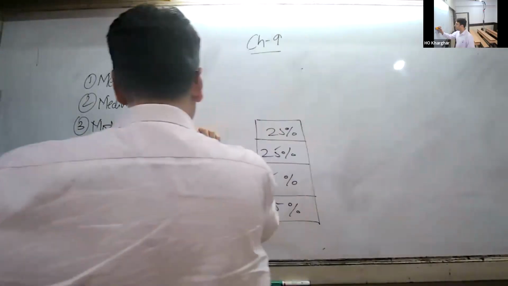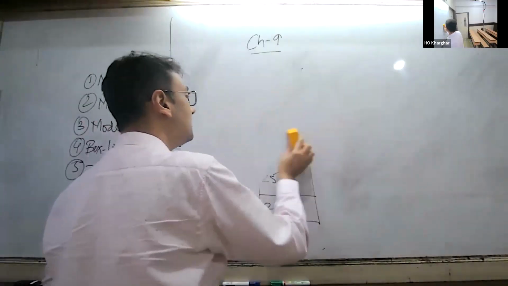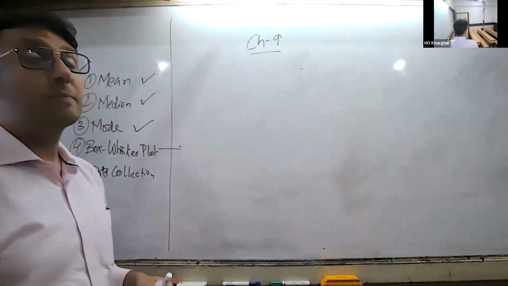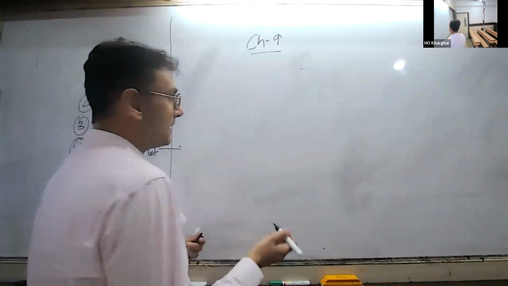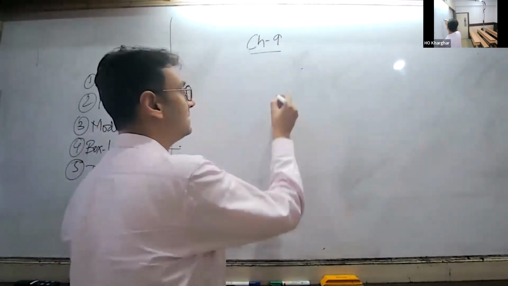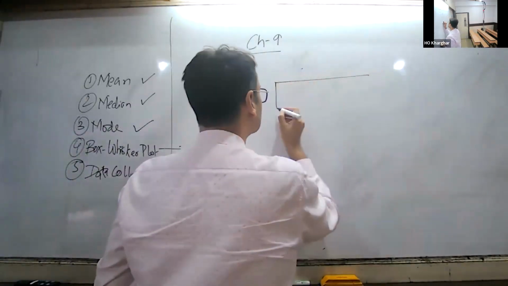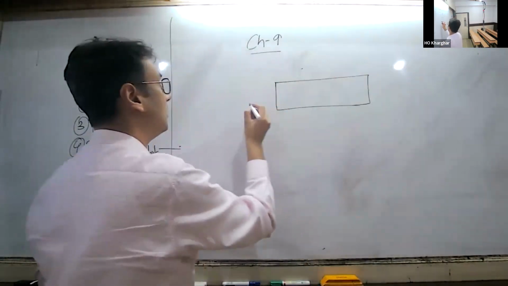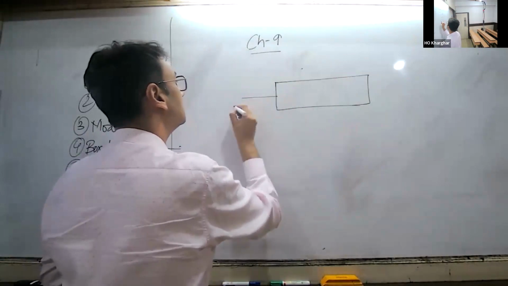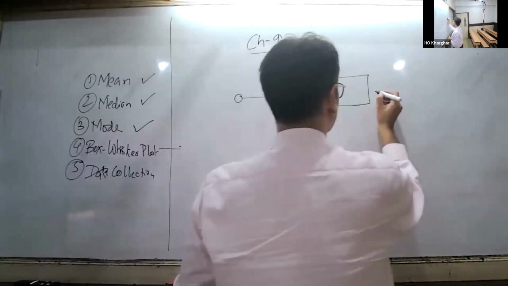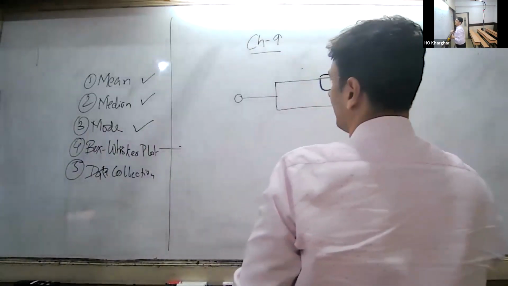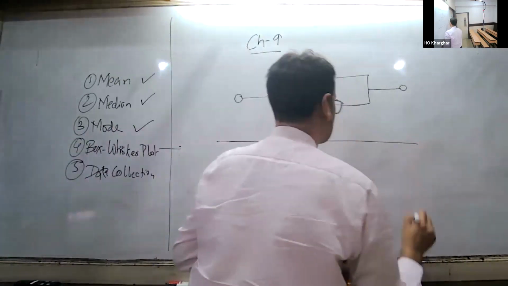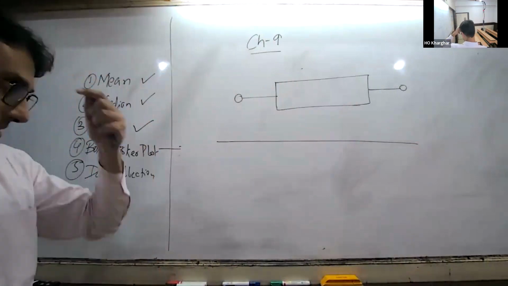So if you come to box and whisker plot, it's a special way, or I should say a tool, of representing data in a particular fashion. You have a box, and this box is a horizontal box. The box has whiskers on both sides. And there's a number line which goes just beside or below the box.